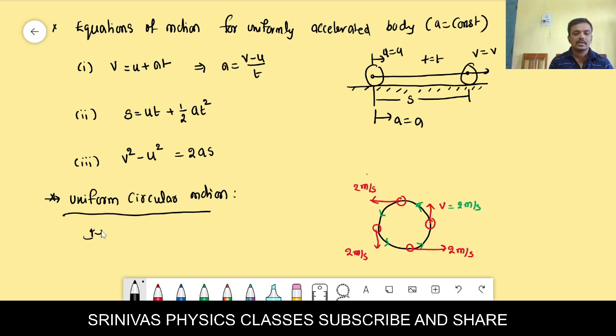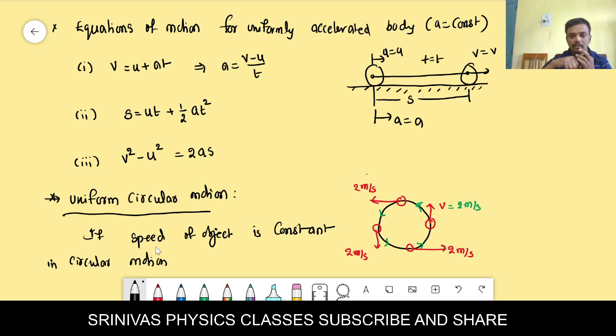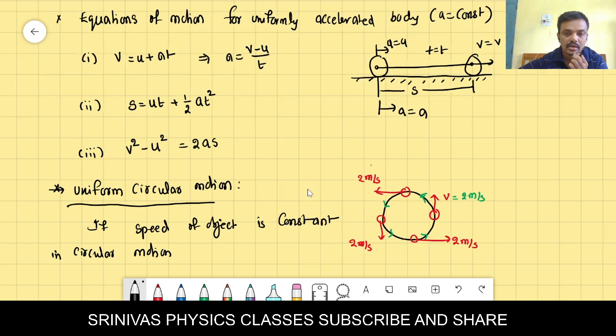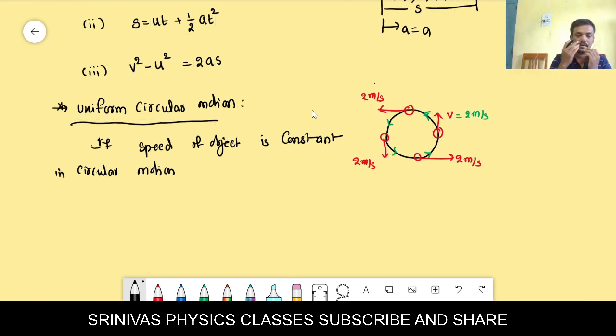If the speed of an object is constant in circular motion, then we say that that body is in uniform circular motion.